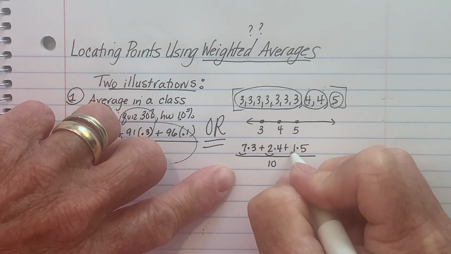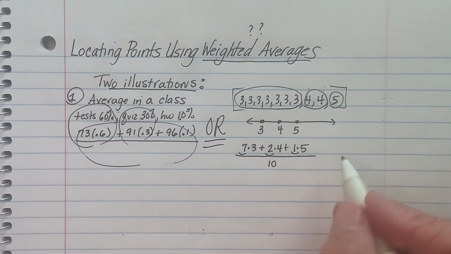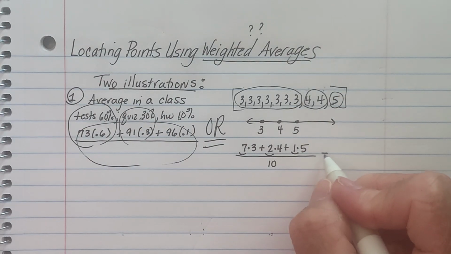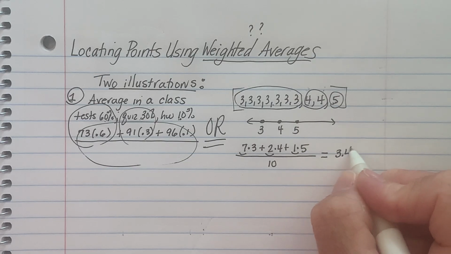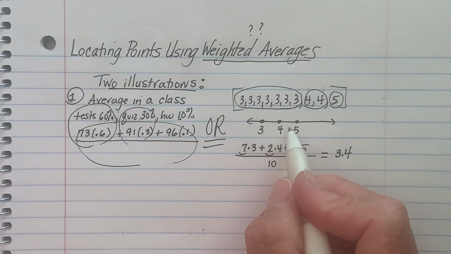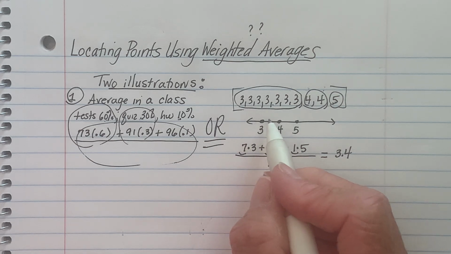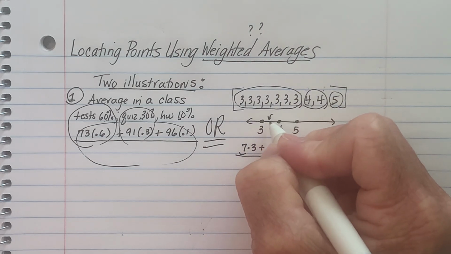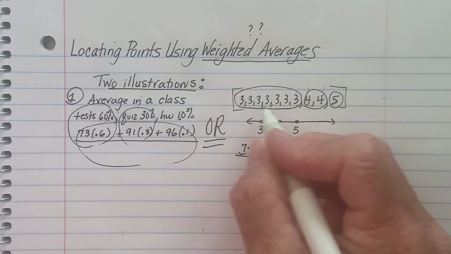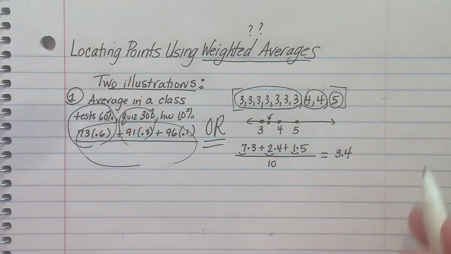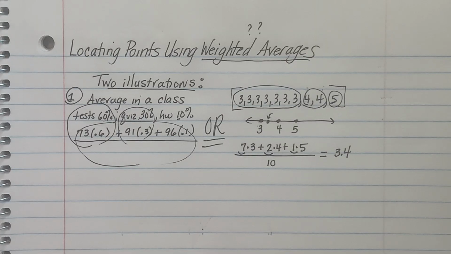We're dividing by the sum of those 3 numbers to come up with our weighted average. And it shouldn't be any surprise that if we do the math here, we end up with 3.4. The average of these 3 numbers would end up right about here, way closer to 3, which makes sense because 3 had the greatest weight or the greatest impact on that average.